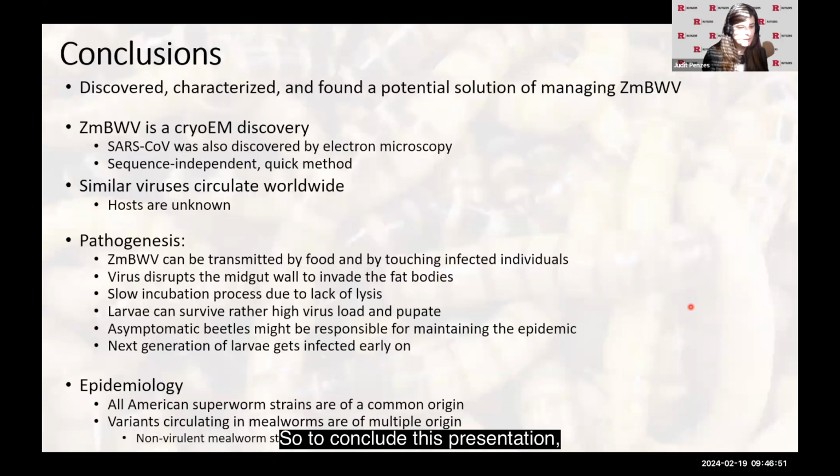So to conclude this presentation, we can say that we discovered the infectious agent of a nationwide pandemic, characterized its pathogenesis, and we even found a mechanism that could be a solution to counteract it.